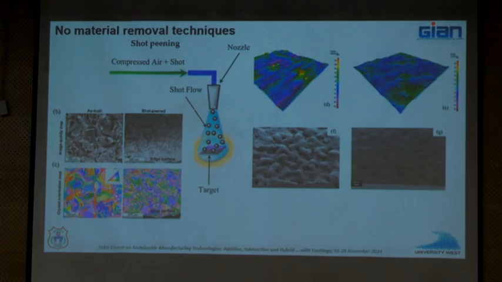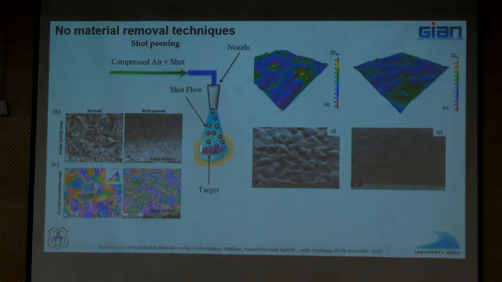We spoke about techniques that do not remove material, and shot peening is one of the more prominent ones, works very well. So you have so-called shots. The shots can be made of anything. It could be stainless steel, it could be glass beads, depending upon the material you want to treat.